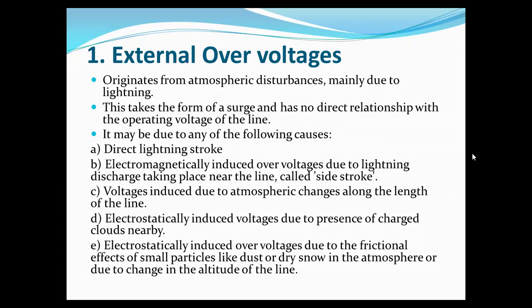Okay, then the second is electromagnetically induced over voltages due to lightning discharge taking place near the line, called a side stroke. These over voltages are induced due to lightning discharge.